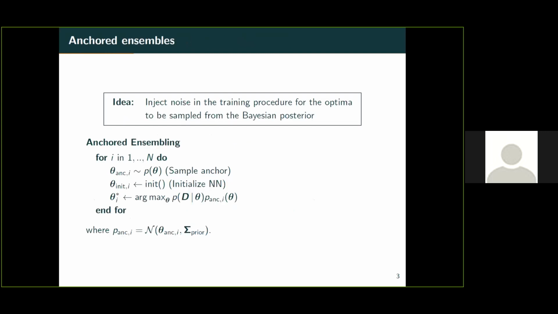The idea is to inject noise in the training procedure for the optima to be sampled from the Bayesian posterior. So here you have the algorithm. They first sample what they call anchors, and then they initialize the neural networks, and they train on a modified objective which replaces the prior by something we call p-anch, which is basically a normal distribution centered around this anchor.